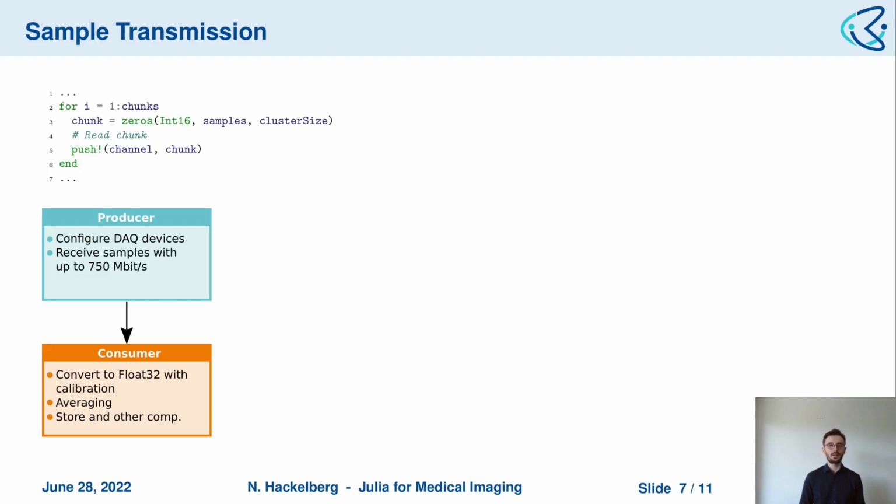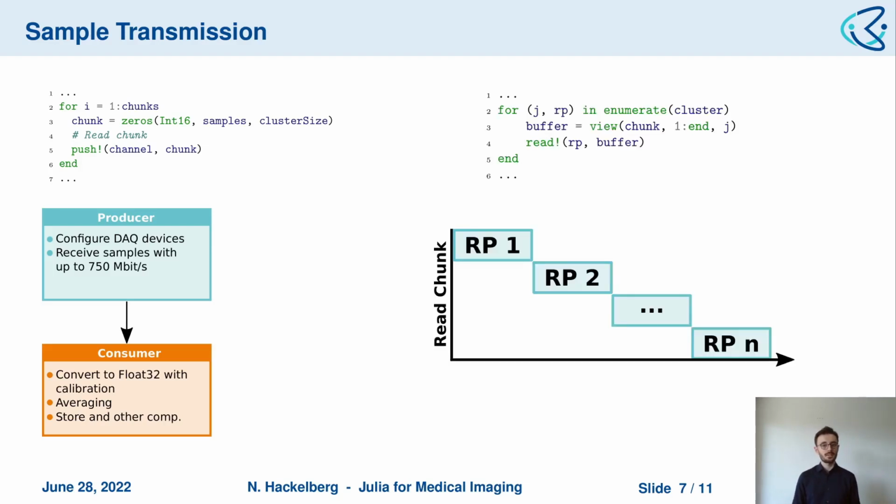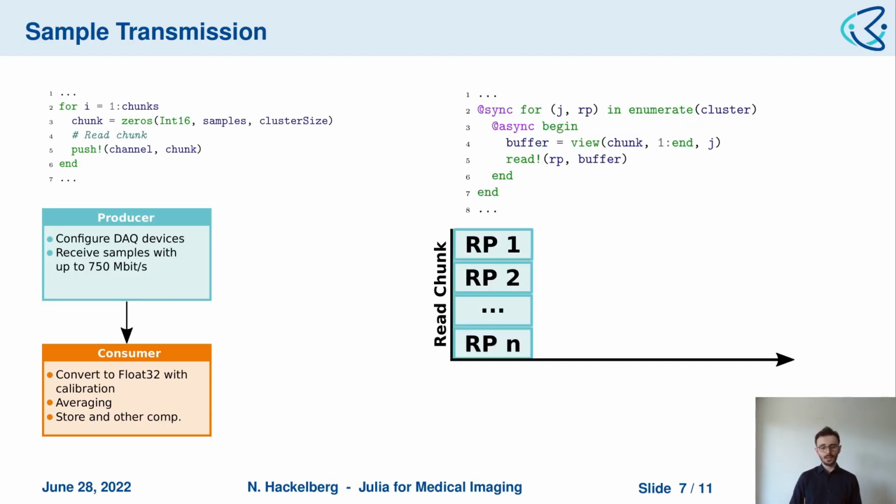In this way we are able to achieve data rates of up to 750 megabits per second consistently. And when we read these individual chunks, because we're using TCP sockets, we don't need to read them one after the other from the repeaters, but we can actually use Julia's asynchronous I/O to really read all of them essentially in parallel. And these are the ways that we can communicate and control the repeaters.